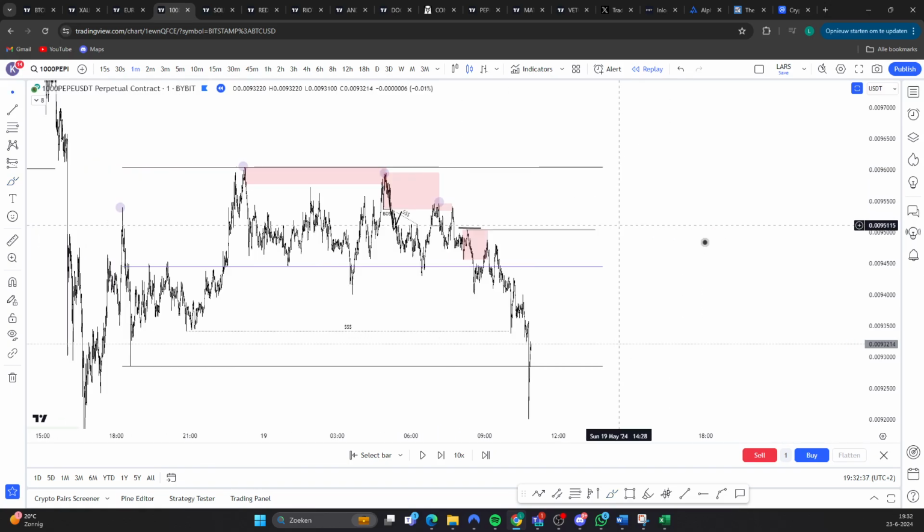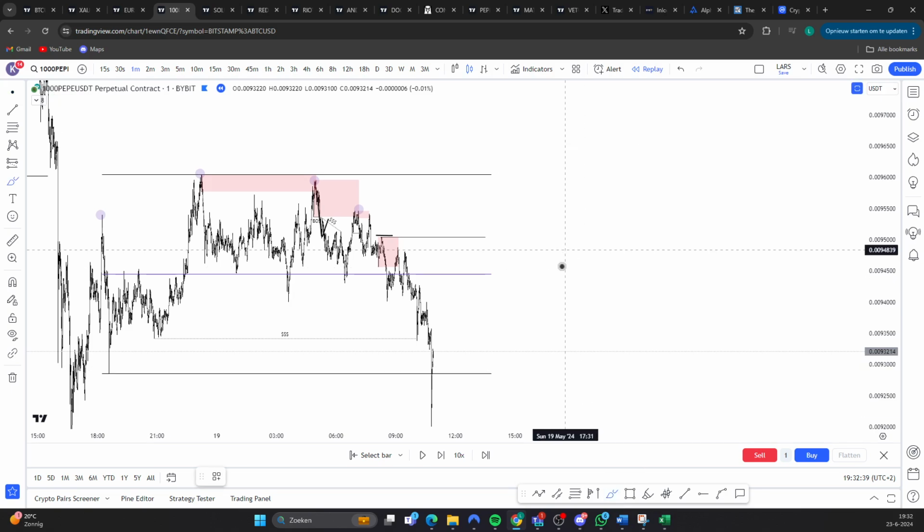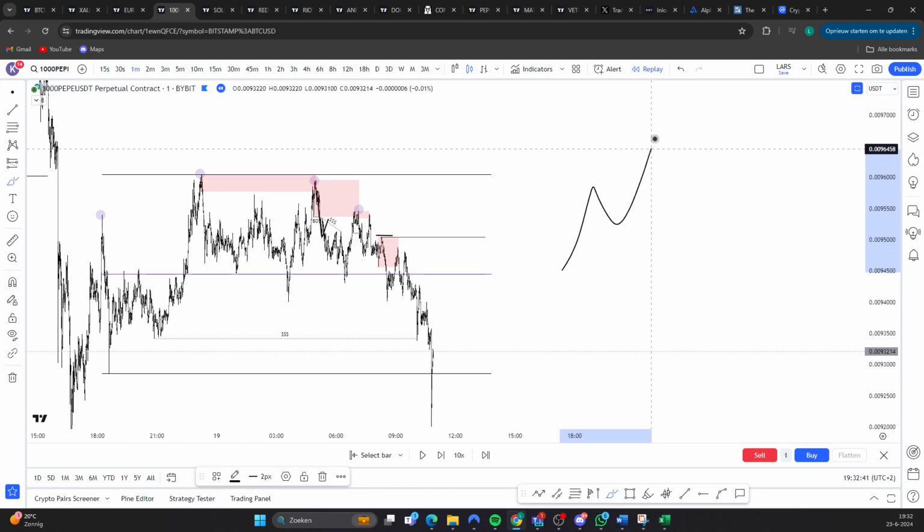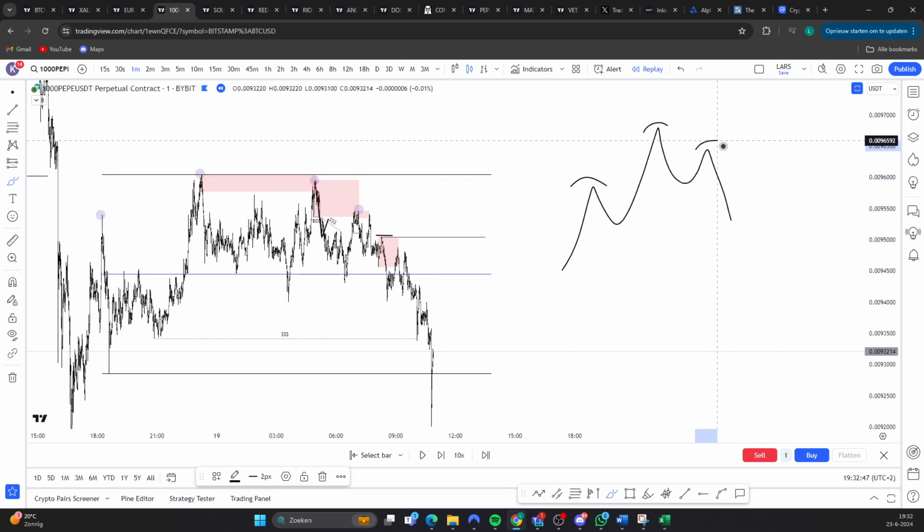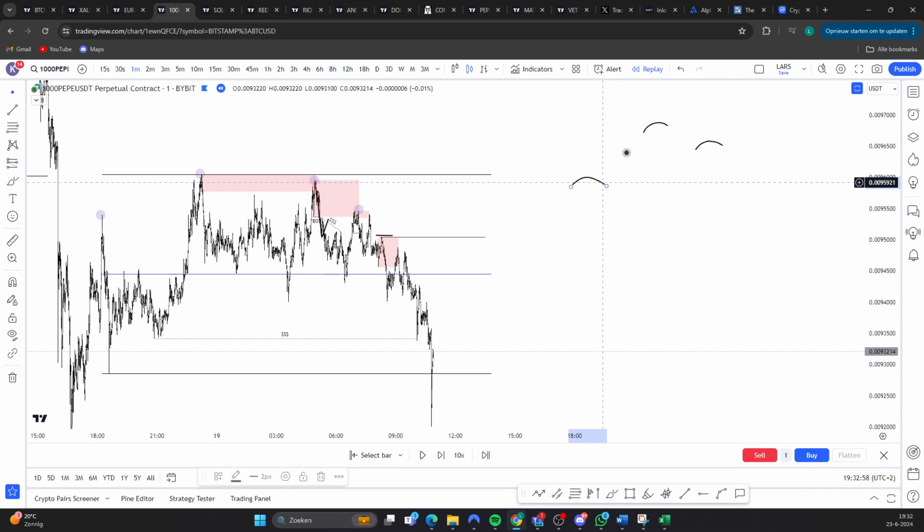Let me draw it on the left. When you have something like this, and you're not really sure if this is a 1, a 2, and a 3. Okay? If you break the market structure for the third tap, right? Let me draw that better. We draw it like we have here.